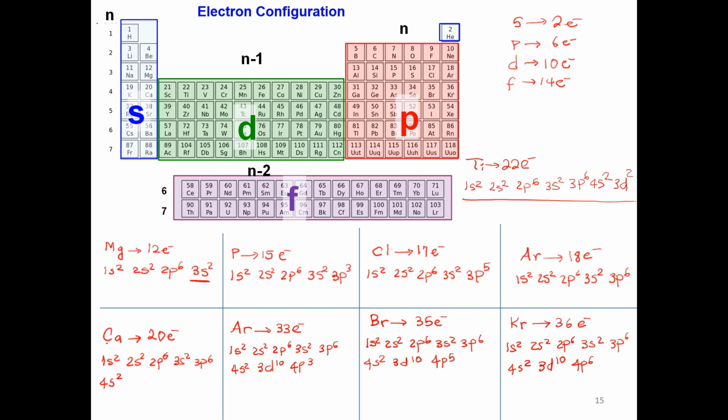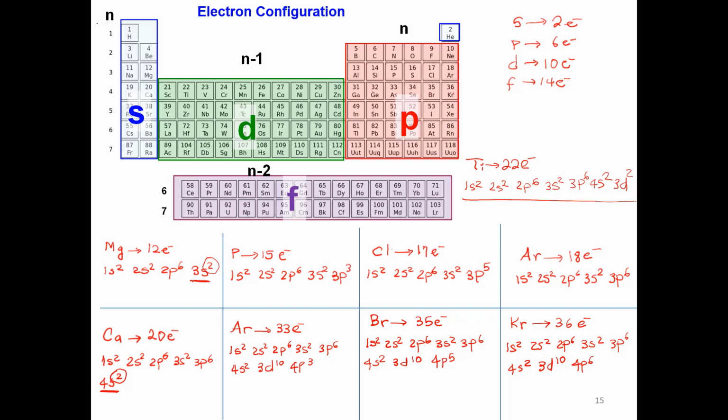In case of the calcium, the outermost shell is the number 4. Then we had 2 electrons. Yes. In both cases, for magnesium and calcium, the outermost shell has 2 electrons. Yes. We are talking about this number.